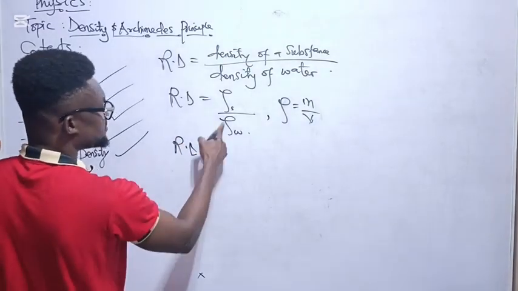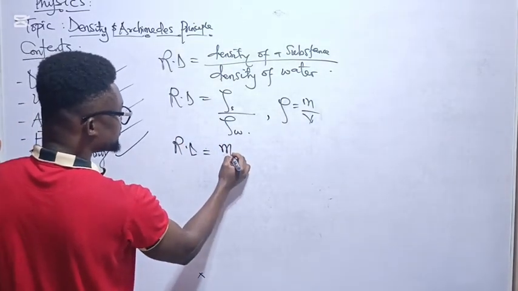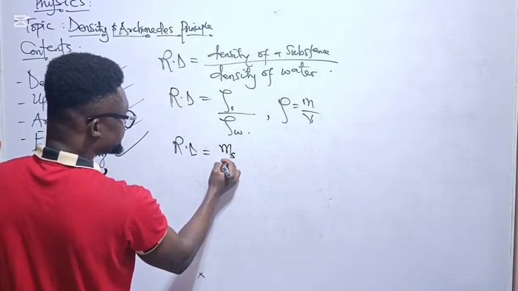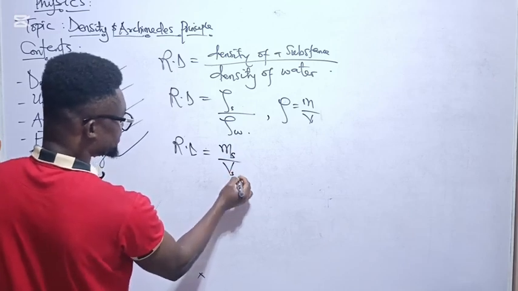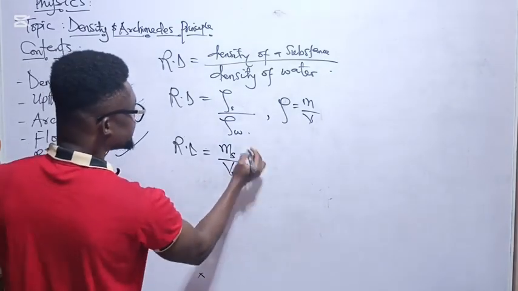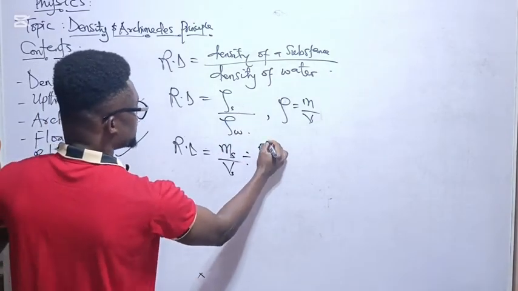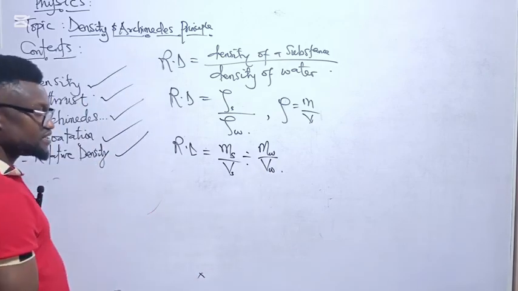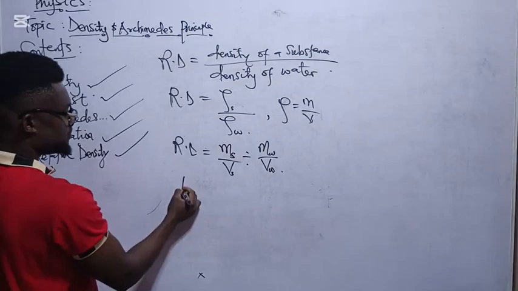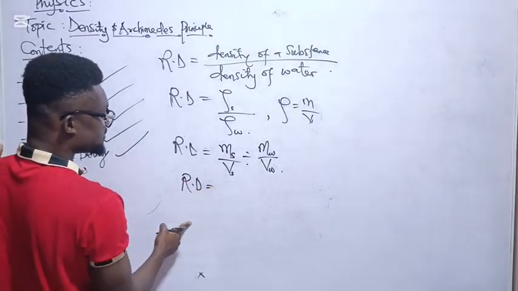Density of a substance, which is mass of that very substance per volume of the substance, divided by density of water, which is mass of water divided by volume of water. Now, at this very point, you can get the relative density.